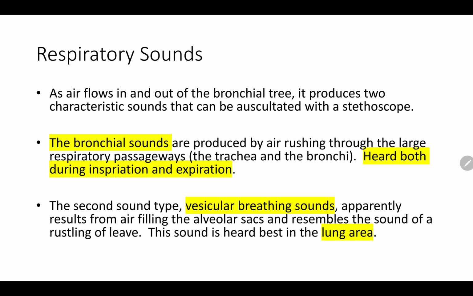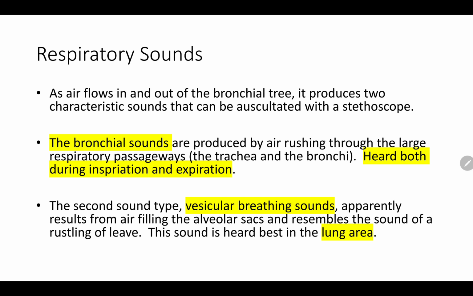Now, respiratory sounds, the sounds that we make through respiration. As air flows in and out of the bronchial tree, it produces two characteristic sounds that can be auscultated with our stethoscopes so that we can hear. The bronchial sounds are produced by air rushing through the large respiratory passageways, the trachea and the bronchi, and this is heard both during inspiration and expiration.